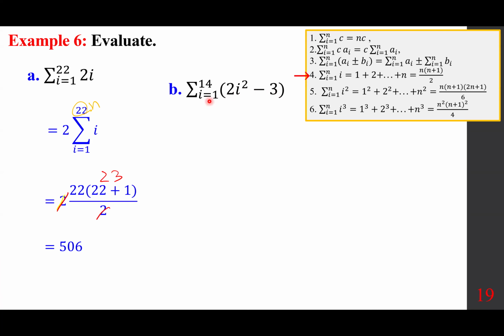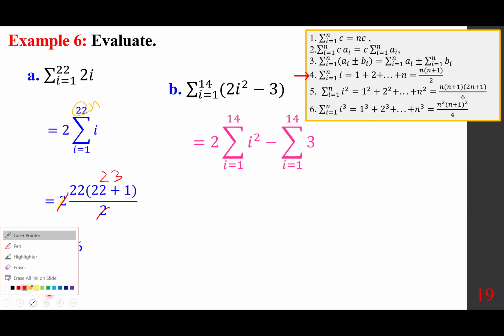Summation of 2i squared minus 3 as i goes from 1 to 14. We are going to use the properties to separate this from this and take the 2 out. So we can make this one 2 summation of i squared as i goes from 1 to 14. And this one, you can keep the 3 in or out, it makes no difference. Now, when you look at this part, you can use the formula for i squared.